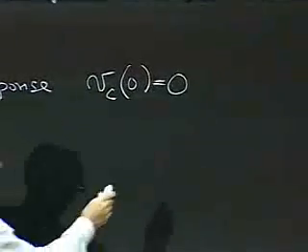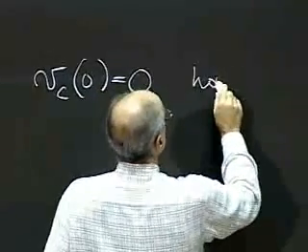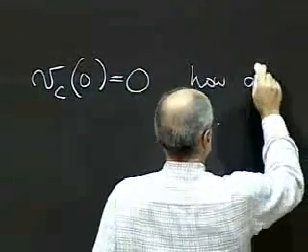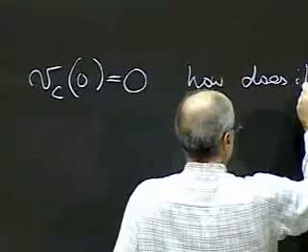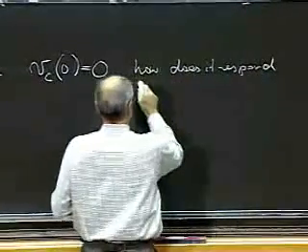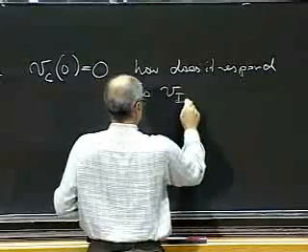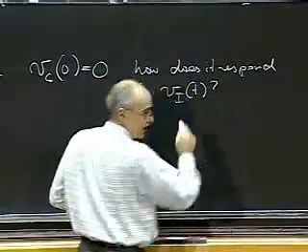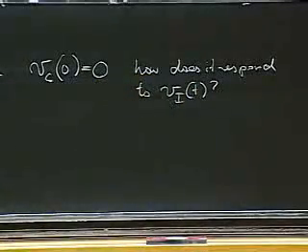Okay? So then we ask, how does it respond to the input Vi of t? So starting with a capacitor at 0 state, what is the response?